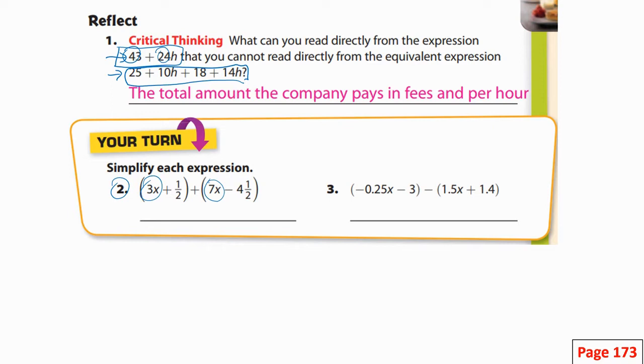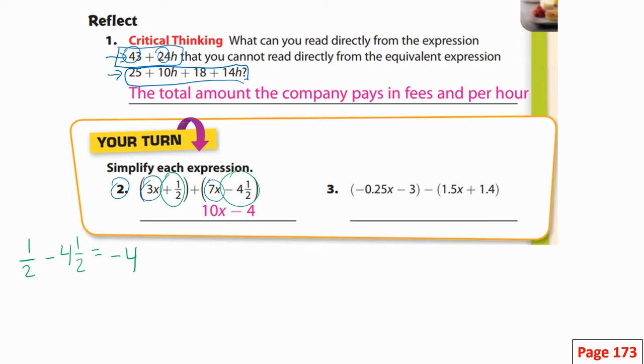And then we also have to combine our constants. We're adding a half and we're subtracting 4 1/2. So when I put that together, I have -4, because 1/2 minus 4 1/2 equals -4. And I get this, 10x minus 4.